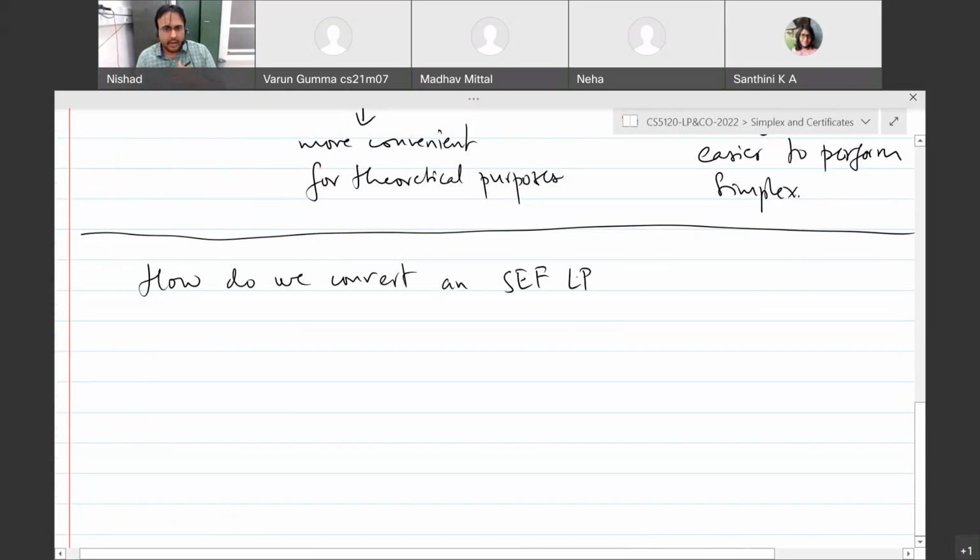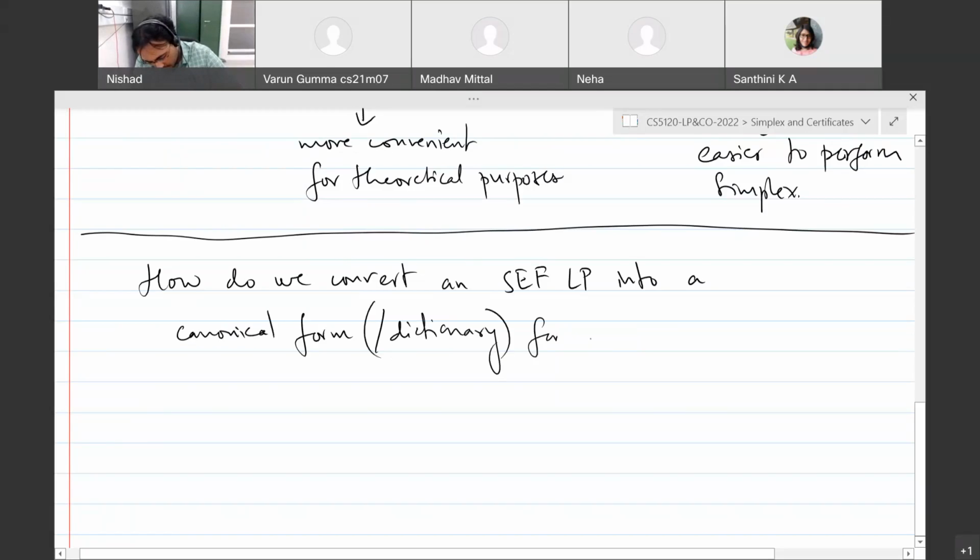We already know how to convert any arbitrary LP into an LP in SEF so that they are equivalent, right? So that's not a problem. How do you convert an SEF LP into a canonical form, which is the same as dictionary, for a given basis?